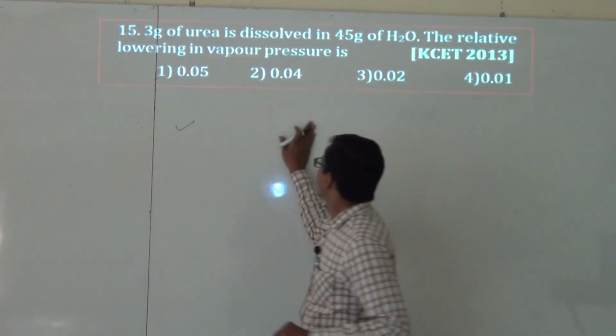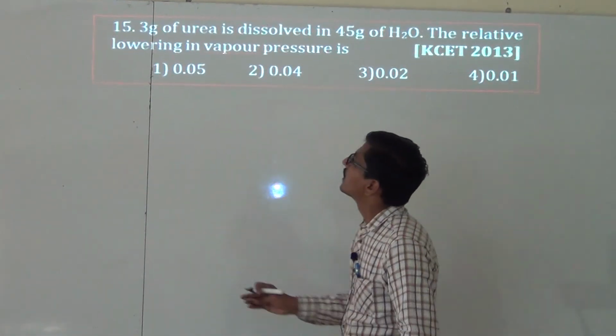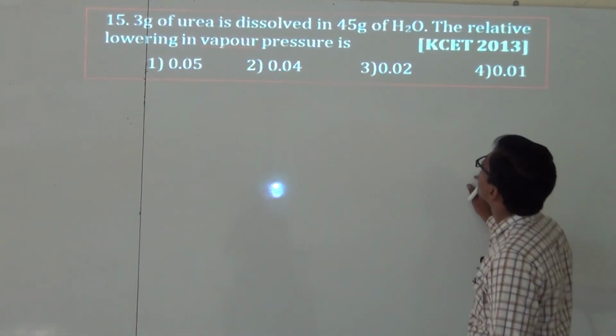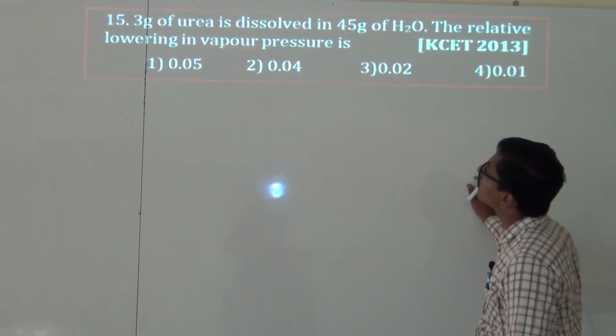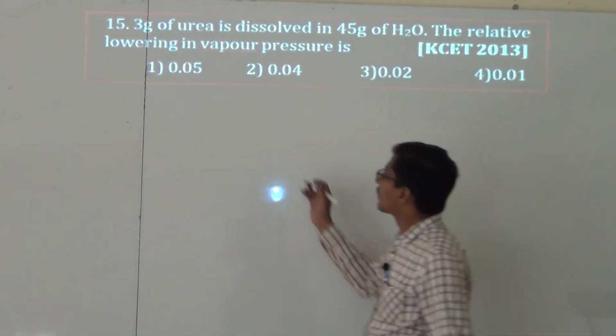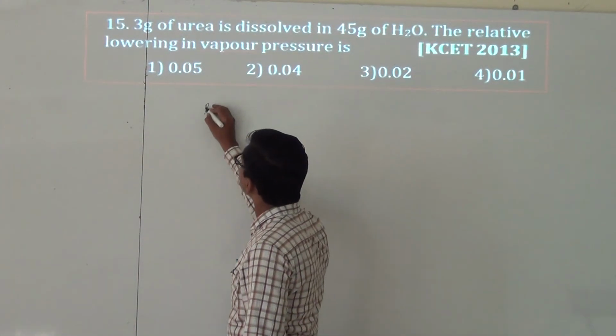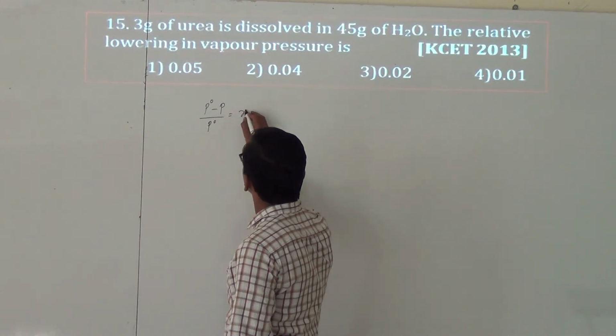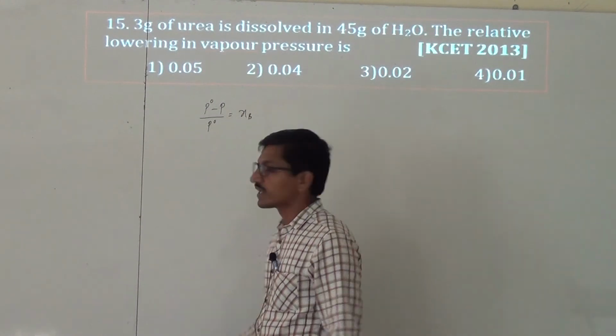Next question is, 6 gram of urea is dissolved in 45 gram of water. The relative lowering of vapor pressure, (P naught minus P) divided by P naught, is equal to XB.